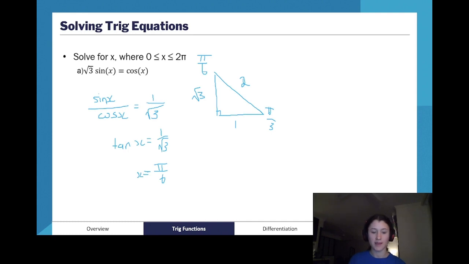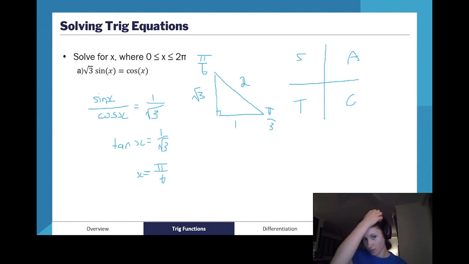Now let's see if we have any symmetric properties. So we're going to have CAST. Tan is positive in the first quadrant, and tan can also be positive 1 on root 3 in the third quadrant here.